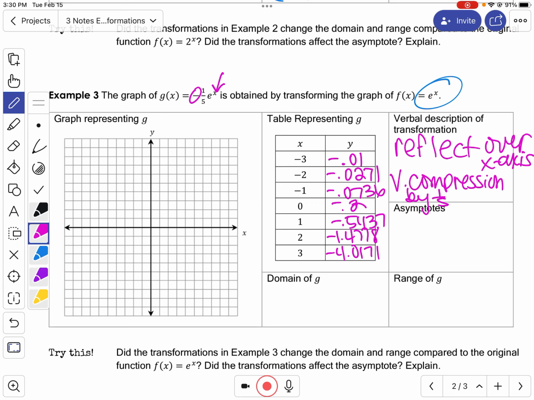All right, so we're going to go ahead and graph it. So -3, -0.01.